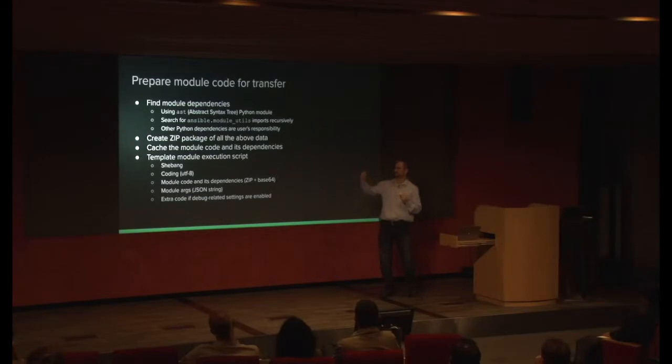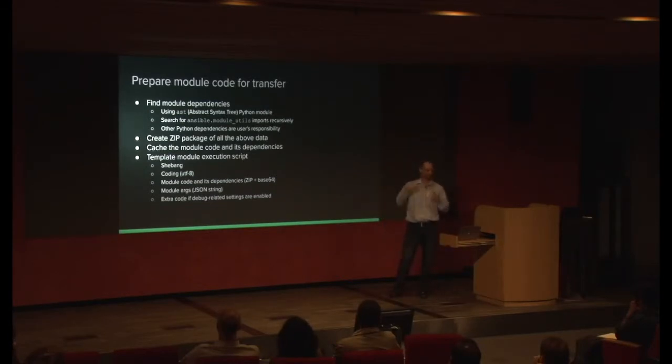That's happening through AST, the Abstract Syntax Tree Python module that allows you to read code, compile it, and even amend the code before it gets executed. That's what the AST module allows you to do.